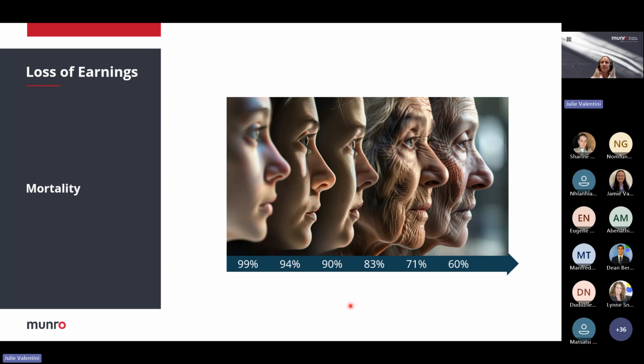And this probability of survival decreases with age. We therefore multiply the monthly losses with a claimant's probability of being alive in each month. So that does reduce those future losses as well.